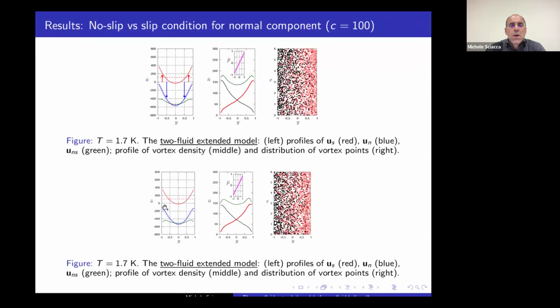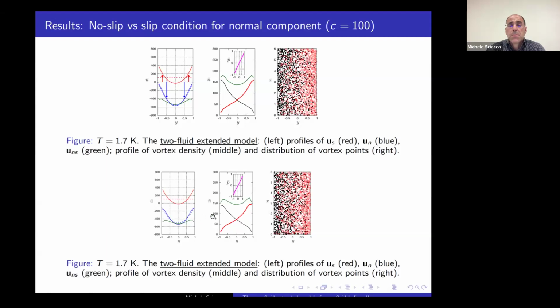This one, we have considered the classical experiment for the usual two-fluid model. We have not changed anything in the top. What we change in the bottom is just the slip.